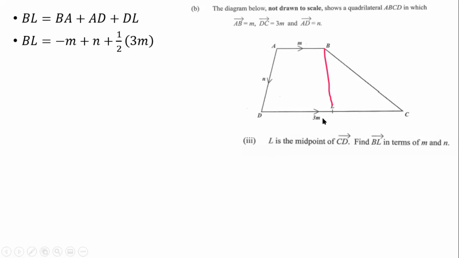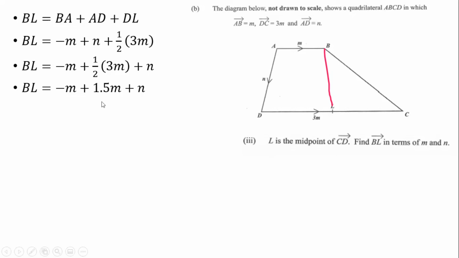So if we now group our like terms, we'll have negative M plus half of 3M plus N. Half of 3M is 3 divided by 2, which is 1.5M. So minus M plus 1.5M will leave us with 0.5M plus N, which is the same as BL is equal to half M plus N. And that is our answer for writing the vector BL in terms of M and N.